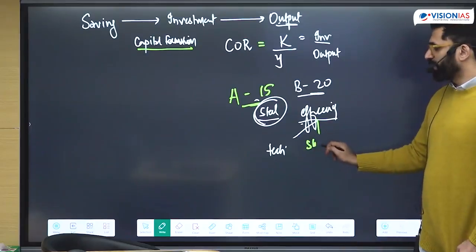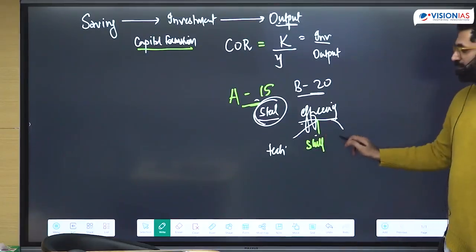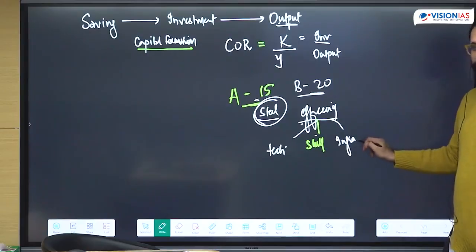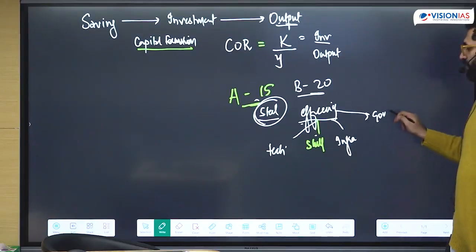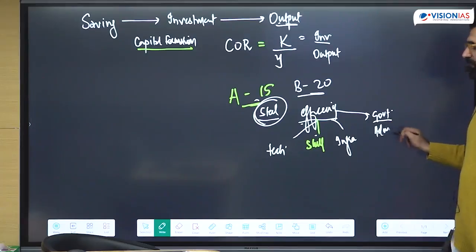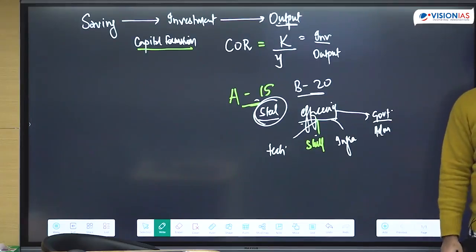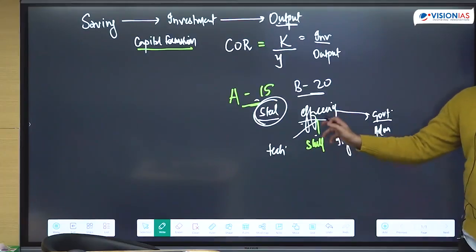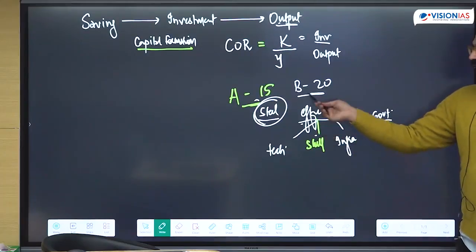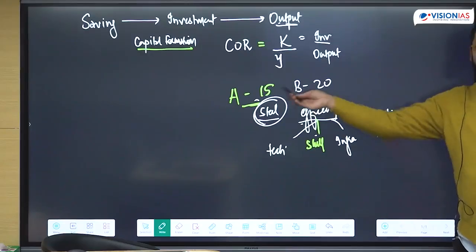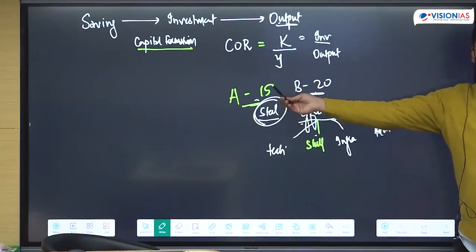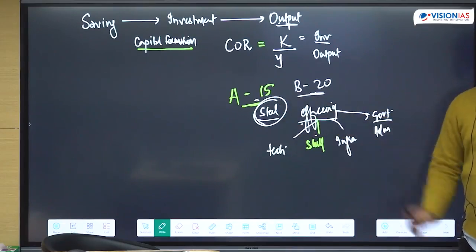I have skilled labor. I have better infrastructure, or the government or administration capacity is better. If these four reasons are there, we can say that efficiency is more. How do we know efficiency is more? Because B's money requirement is higher, A's is lower. Whoever needs less money is more efficient.